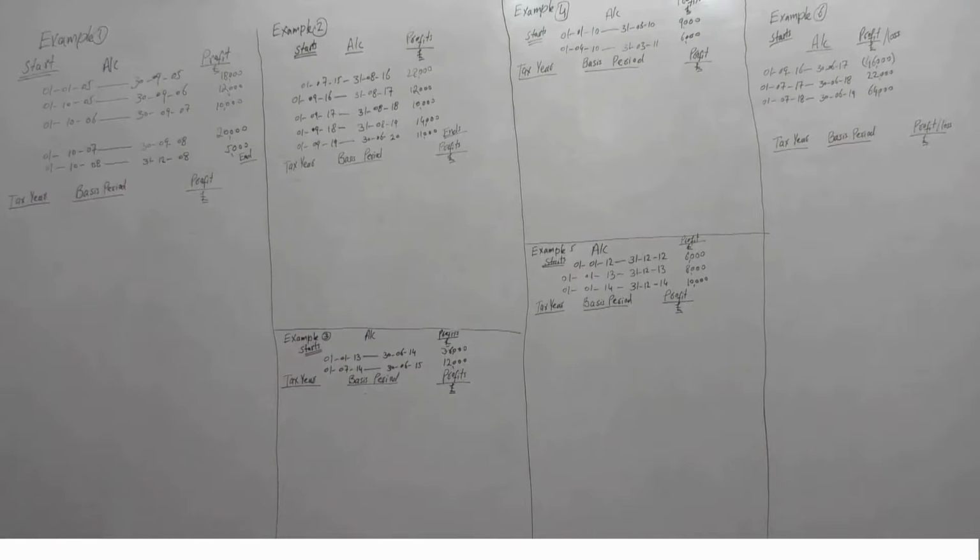If you look at example number 2, it's exactly the same: the business is started and ended in the same example. In all of the other examples, from example 3, 4, 5 and 6, the business is starting, but there is no end date given. So the business has just started from example 3 to example 6.